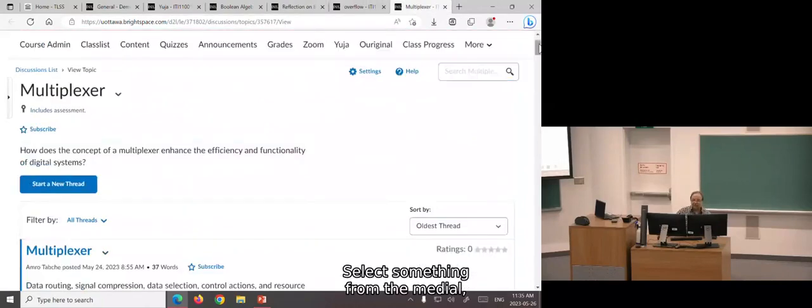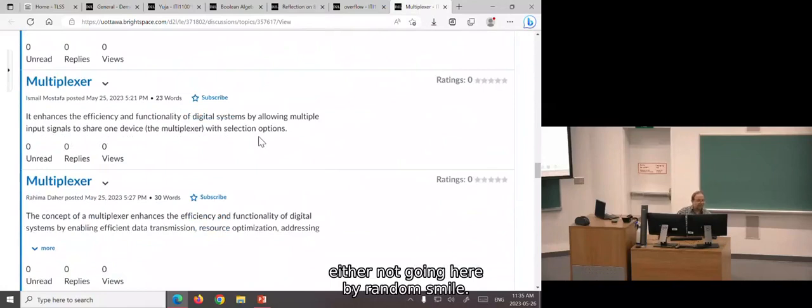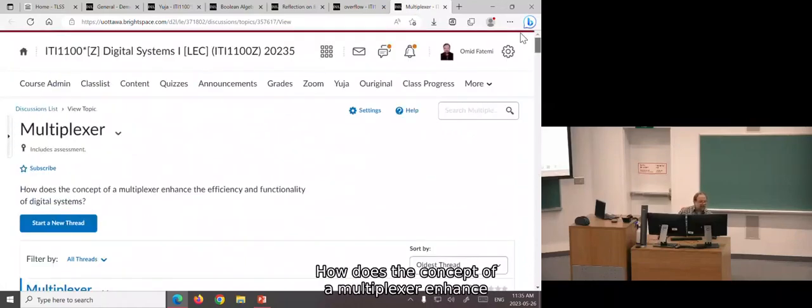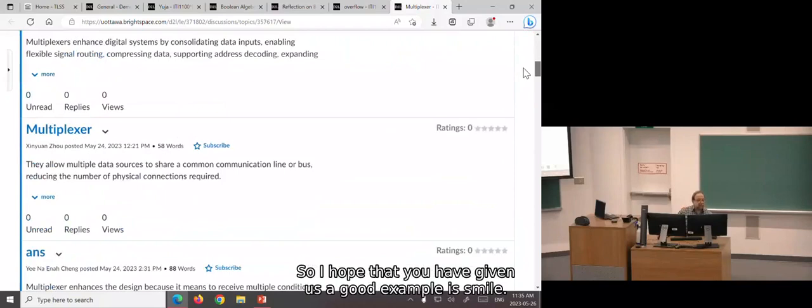Select something from the middle. I don't know, going here by random. Ismail. Ismail is here? Okay, Ismail. What was the question? How does the concept of a multiplexer enhance the efficiency and functionality of digital systems? So I hope that you have given us a good example.